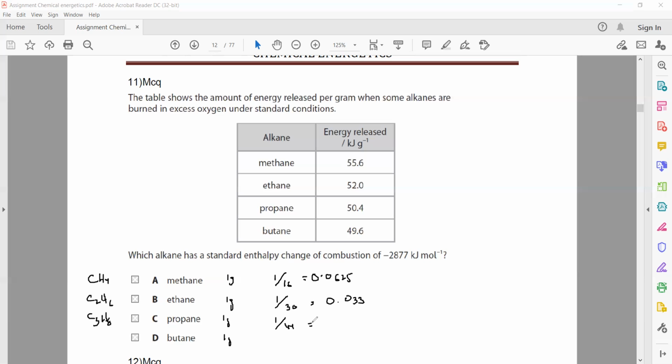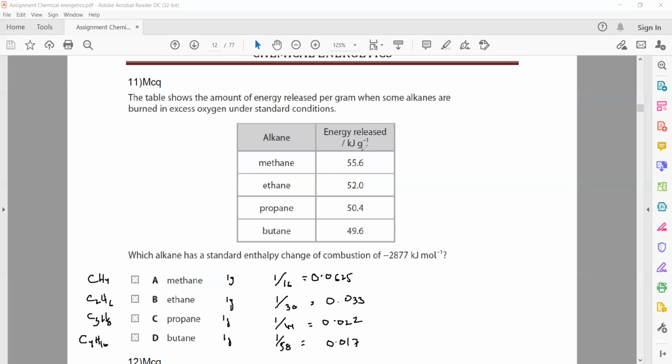So 1 divided by 44 is 0.022. And for butane, the formula is C4H10, so 48 plus 10 is 58. So 1 divided by 58 gives us 0.0172. So these are the moles of these gases in 1 gram.